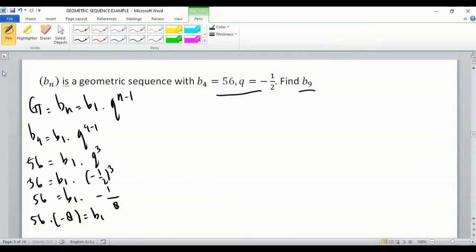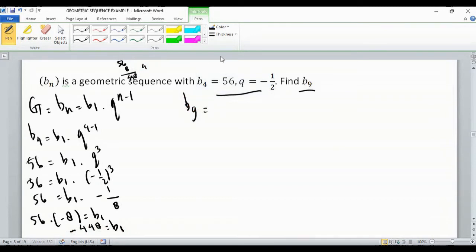Okay, let me count first. 56 times 8 is 448. Okay, so we get minus 448 for the first term. Then we can continue to find the ninth term.